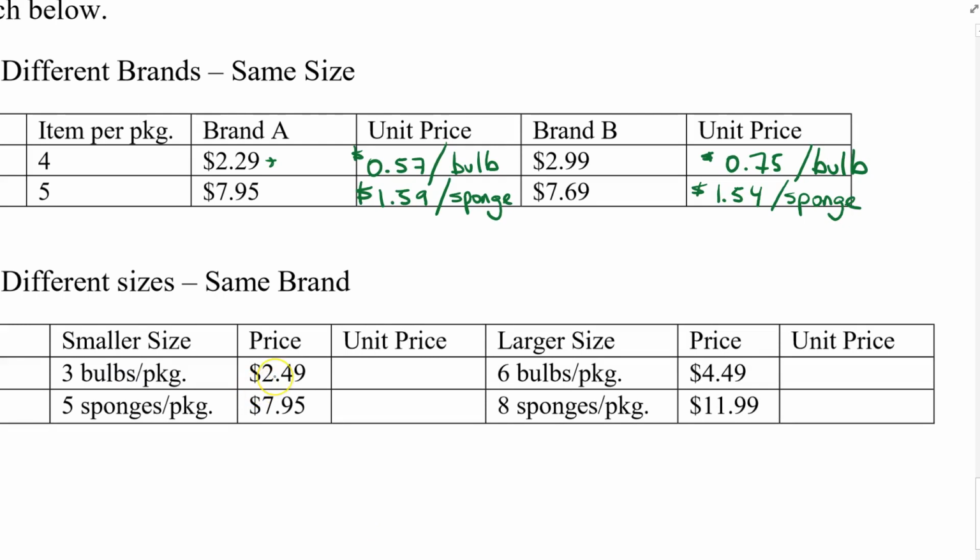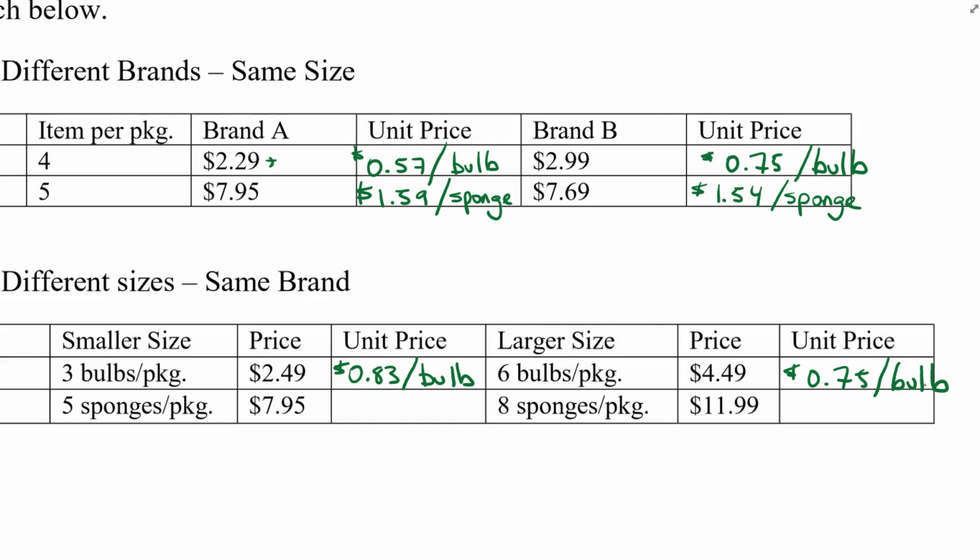Here I'm going to do $2.49 divided by 3, and I will get 83 cents, so $0.83 per bulb, or $4.49 for 6, which would be 0.75 per bulb. Really helps you decide. If you have room for 6 bulbs in your cupboards, you may as well get the 6 bulb package because it is cheaper per bulb.